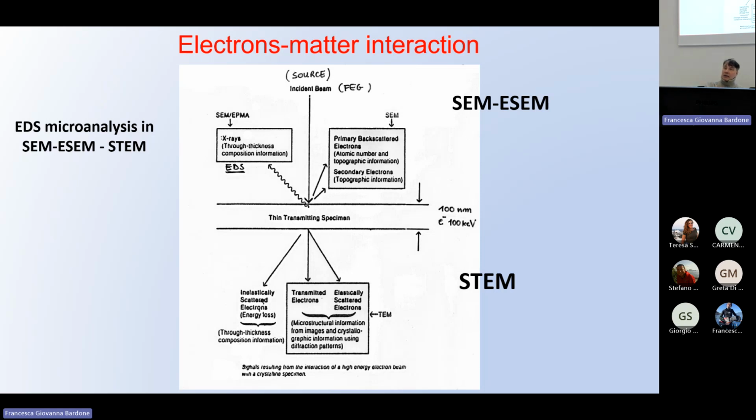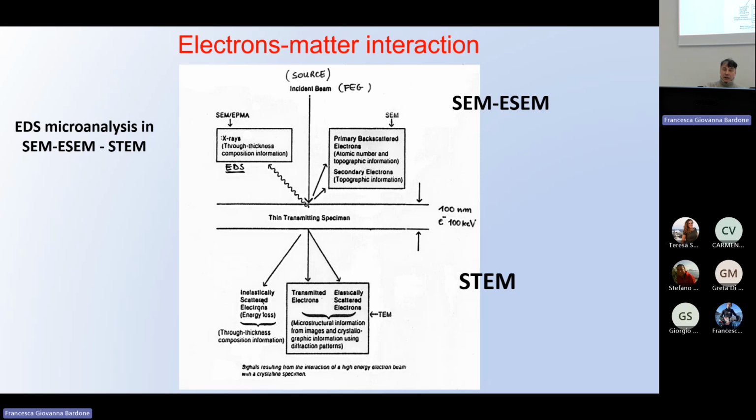The probability to have X-rays is very high for atomic number above 10, 11. But it is more or less blind for low atomic number. So X-rays cannot see very low atomic number.